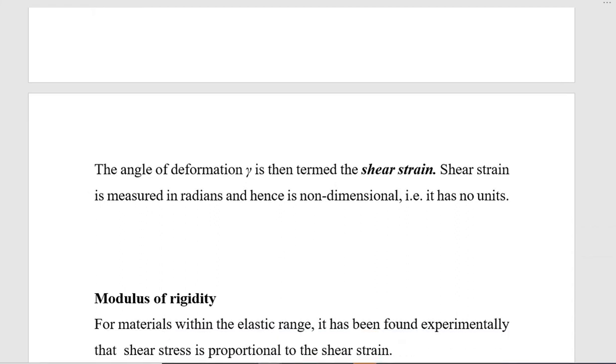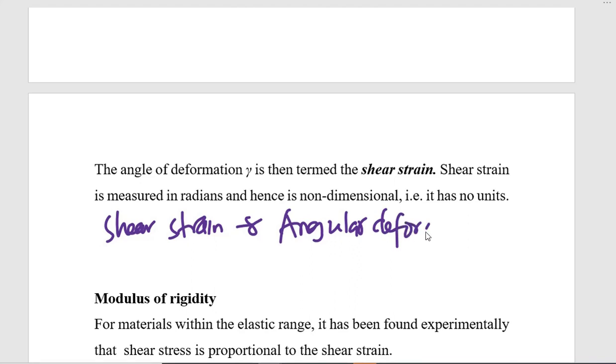So shear strain is therefore the angle of deformation when shear stress is applied on an object. This shear strain is therefore measured in radians. Shear strain is angular deformation, and therefore it will be given by the angle which the material has been deformed.